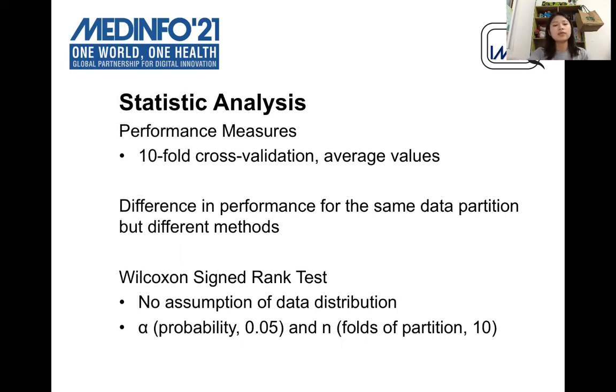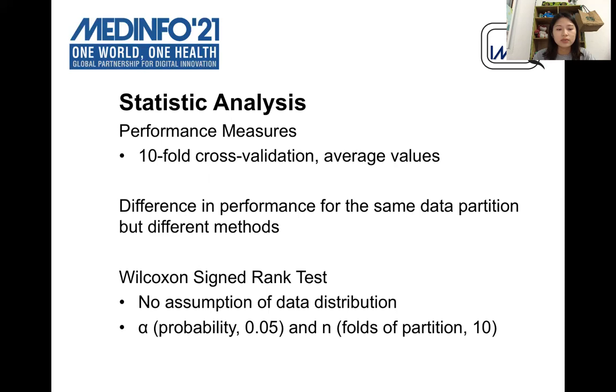In the statistical analysis section, both baseline and proposed methods in this study were evaluated with tenfold cross-validation, and the average value was calculated for each performance measure to confirm the existence of any differences in classification performance between the neural embedding method and each baseline method.